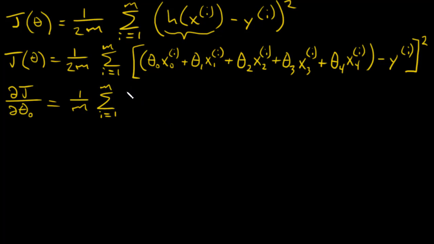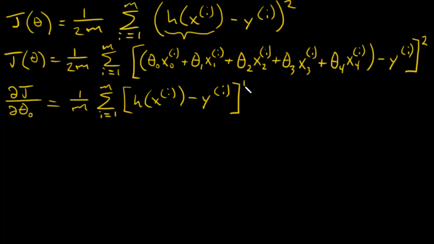So this is going to be all of this h of x, right? So it's what's in the interior untouched. So h(x_i) minus y_i, and so that finishes that.